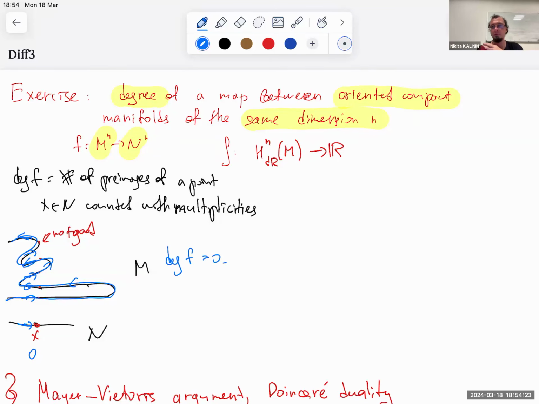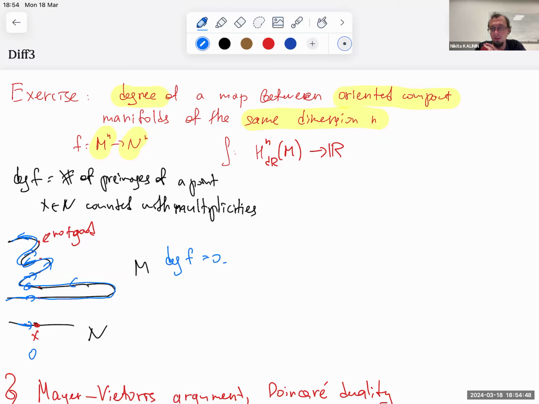And then you also maybe prove that this degree does not depend on the point. So for different points, this number is the same. So that's an invariant of a smooth map. But it's difficult to do. If you define the degree in this way, it's difficult to prove all the things. It's much shorter to define the degree in the following way.